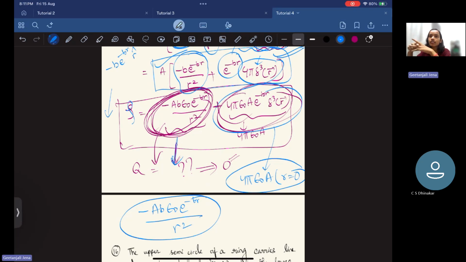Whenever you see the electric field with an r hat by r square term, follow this step. Don't follow the direct formulation of the divergence, okay, because that will give only the first part. The second part it will give as 0, but it's not 0, right? Is this clear now?